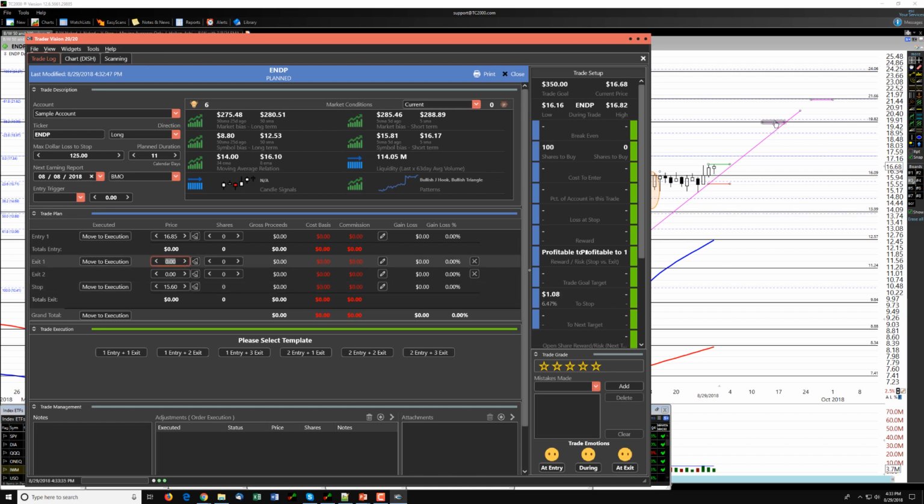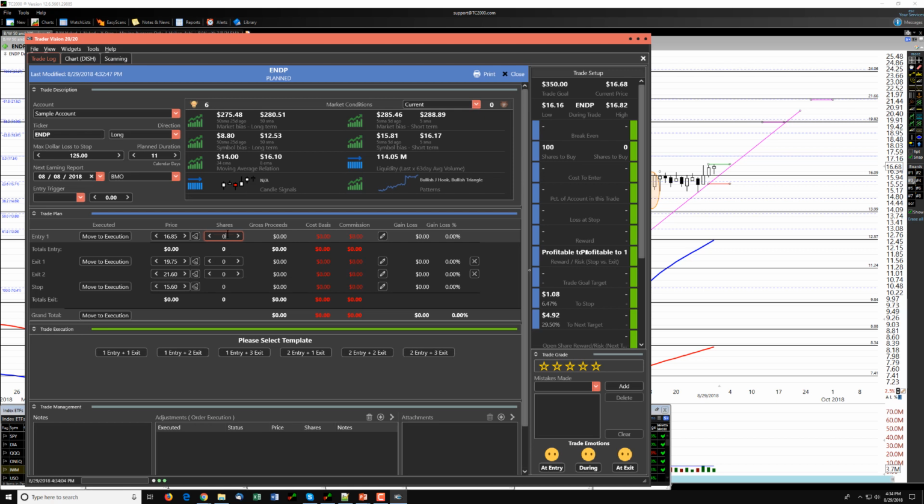With a first target up here about 19.8, or let's call it 1975. And a second target, how about 2160? Trader Vision tells us we can only do 100 shares to stay below $125 of risk.